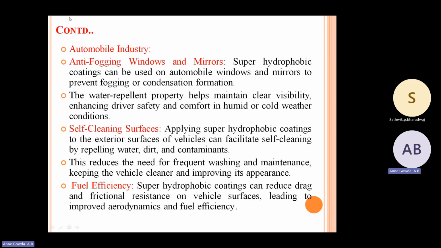When we want to travel from one place to another, the fog will settle on the glass. When the glass is coated with these anti-repellent or super hydrophobic surfaces, then whatever water droplets are created can roll off very easily with the help of these super hydrophobic surfaces.